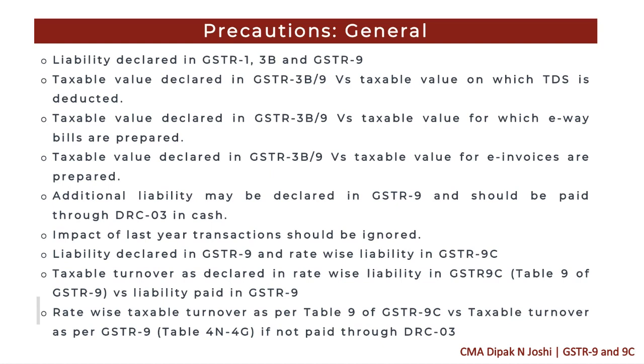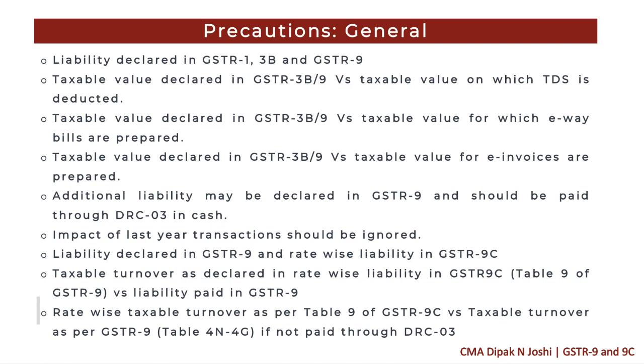Now, the taxable value declared in GSTR 3B versus the taxable value on which TDS is deducted under section 15. Particularly in case of supply to government departments, they are deducting 2% TDS. Now, the strange thing is that they deduct TDS at the time of payment. So it may happen that you receive payment after 6 months, right?